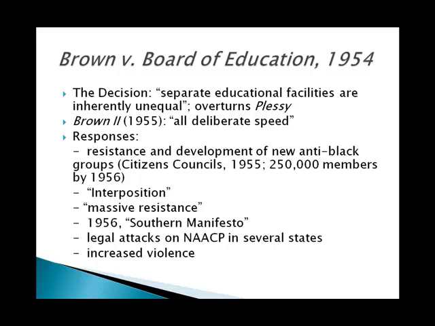In the manifesto, they denied the Supreme Court had a right to rule on racial issues in public schools. There are legal attacks on NAACP offices in several states and increased violence.